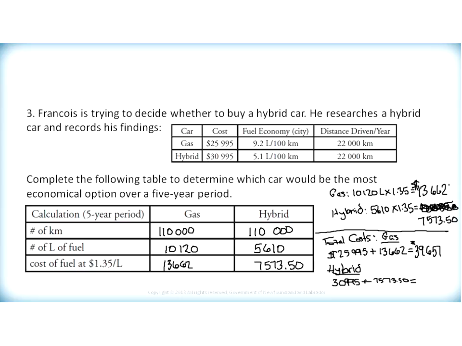So $30,995 plus $7,573.50 works out to $38,560.50.